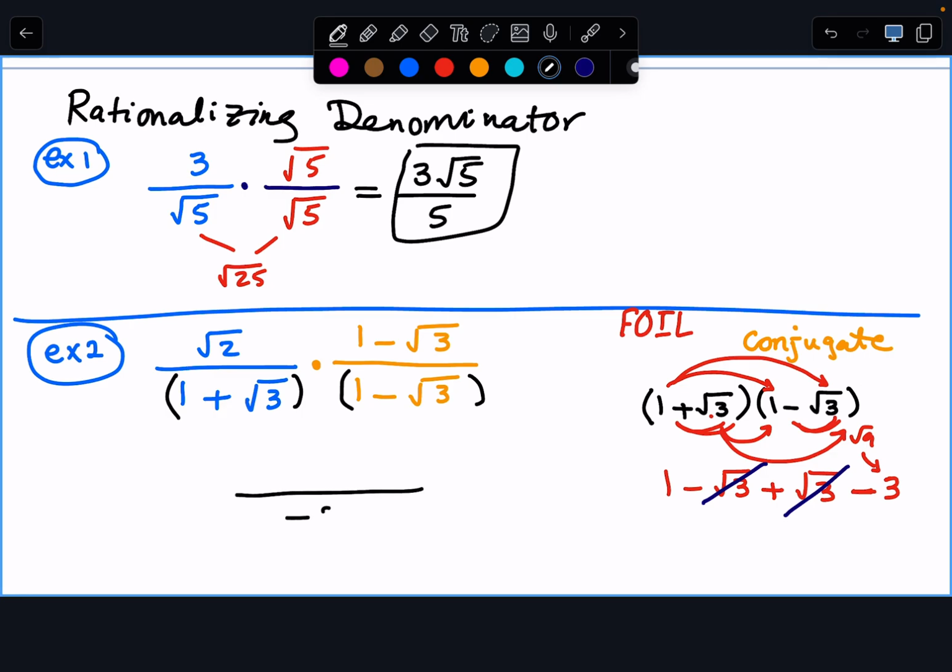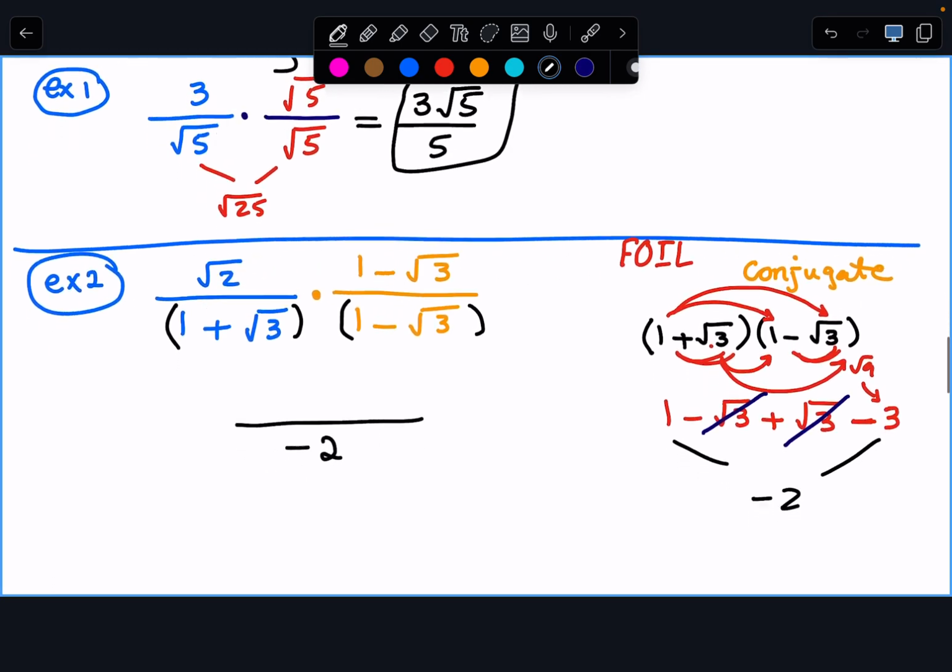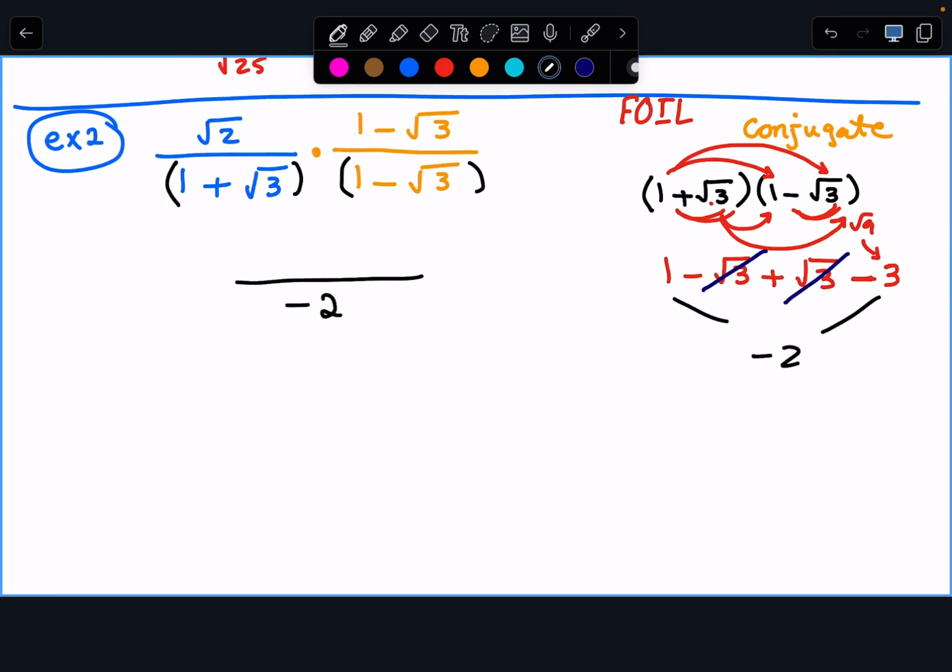So I have a fraction. In the denominator, I have negative 2, from 1 minus 3. So now I deal with the numerator. On the numerator, what do I have? I have root 2 times, remember that you put the invisible parentheses when you are multiplying and make them visible, 1 minus root 3.